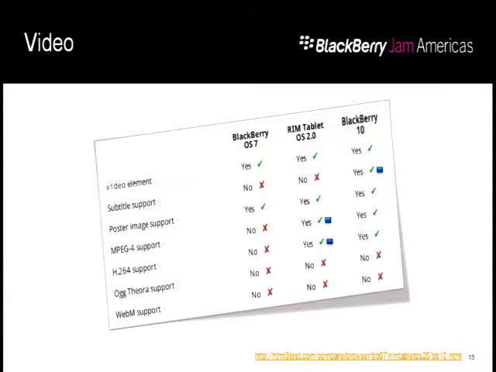The video tag, basically, is a similar thing. We've had video support fairly early on, but it's the little details. So subtitle support came in, right, in BlackBerry 10. And we basically added more codec support like MPEG-4 and H.264, right, since RIM OS 2.0, the tablet OS 2.0.